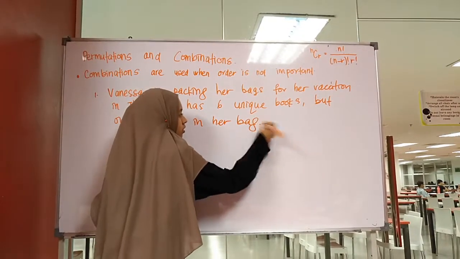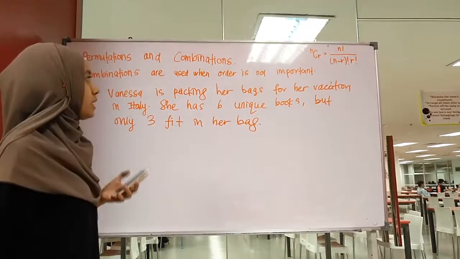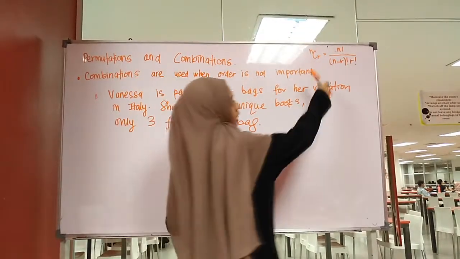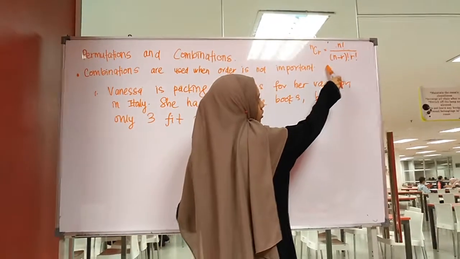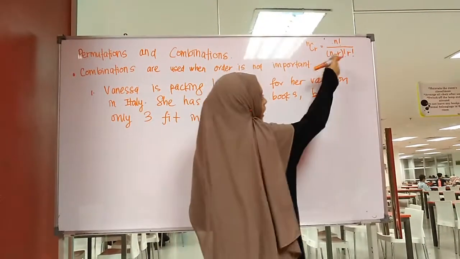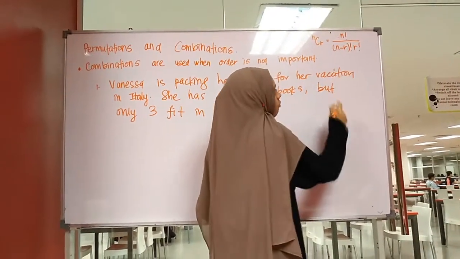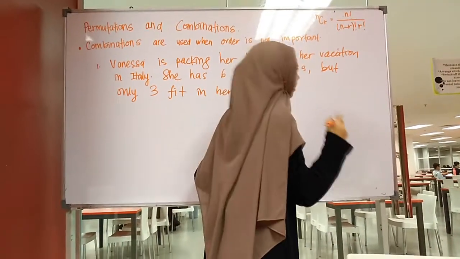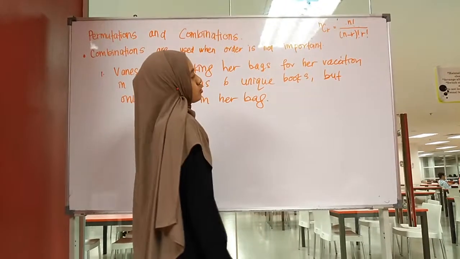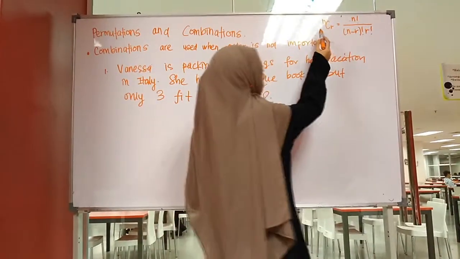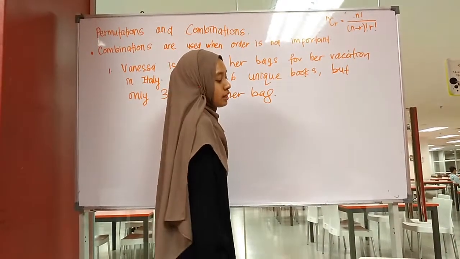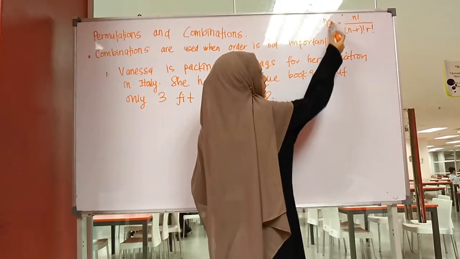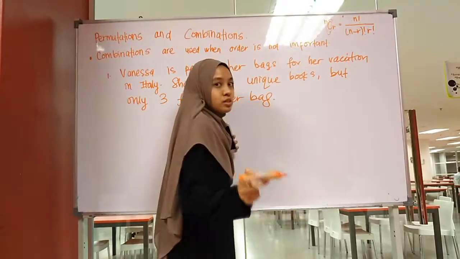So the basic formula for combination is this one. nCr is equivalent to n factorial over (n minus r) factorial times r factorial. So basically, in this question, the word C inside the formula means can be chosen.